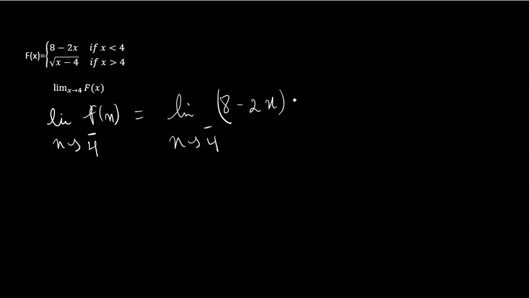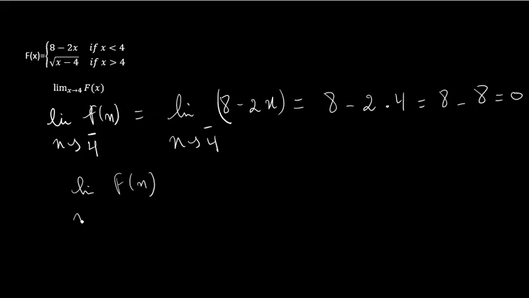We're going to replace the value of x equal to 4 in the function. We're going to have 8 minus 2 times 4, which is 8 minus 8. It's going to give us 0. Then the limit of f(x) when x approaches 4 from the left side is equal to 0.